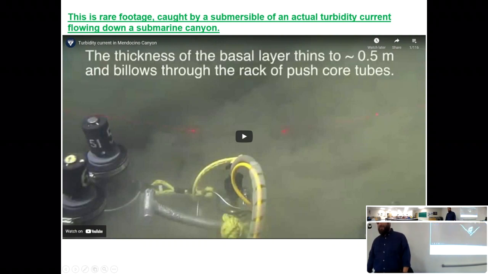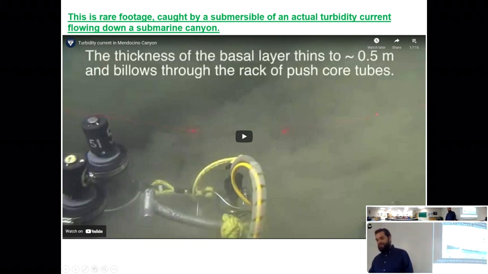This ROV literally got swept away by a turbidity current. There's the ROV, but I want to actually show you the video.